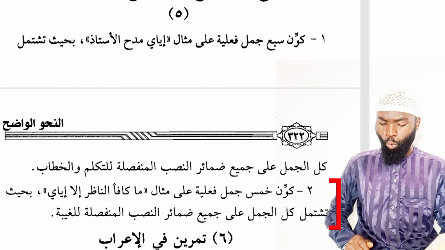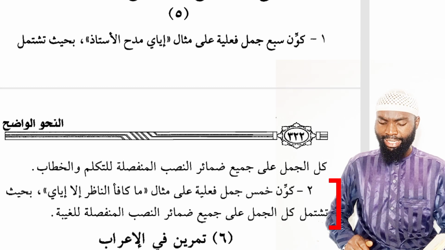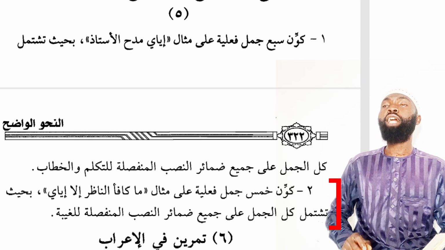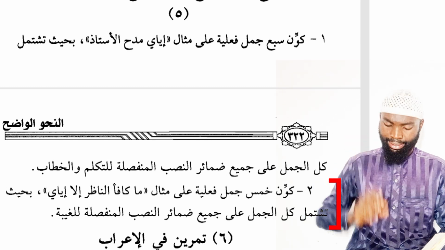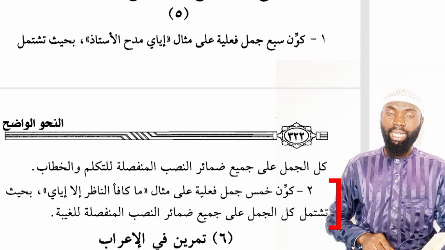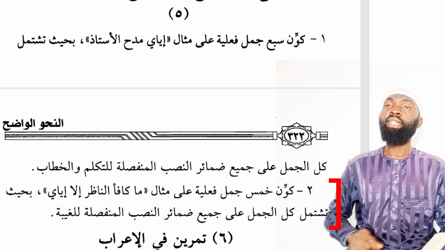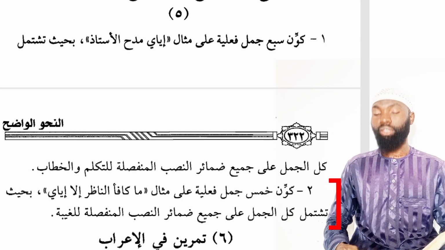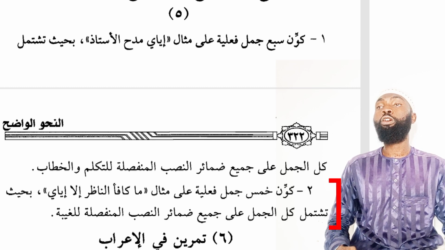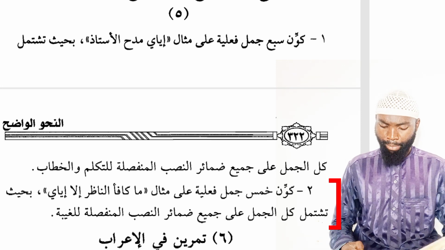Number 2, we have form five verbal sentences on the example. You are to also form 5 sentences which are verbal sentences on the example ma kafa an-nadhiru illa iyaya. The director did not reward anyone or did not compensate anybody except me.